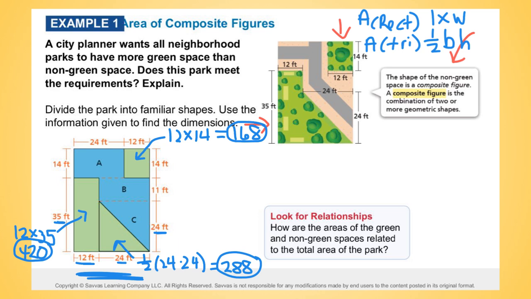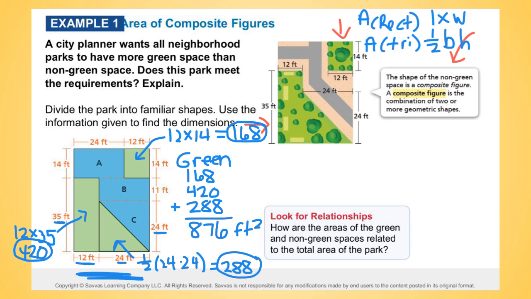So our green spaces make up 168 and 420 and 288 for a grand total of 876 feet squared.